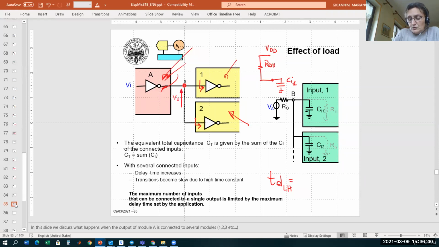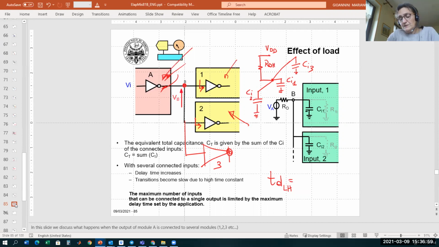Then it means that you add another capacitance, which is the input capacitance of module 2. If you add another module, for example module 3, you add another input capacitance, that is the input capacitance of module 3, and so on and so forth.